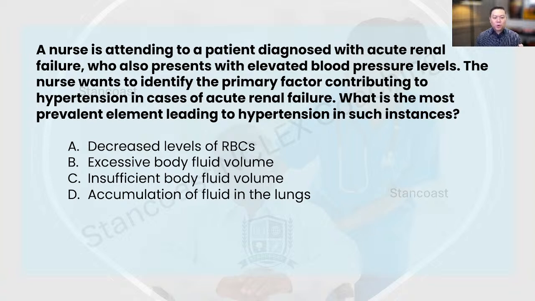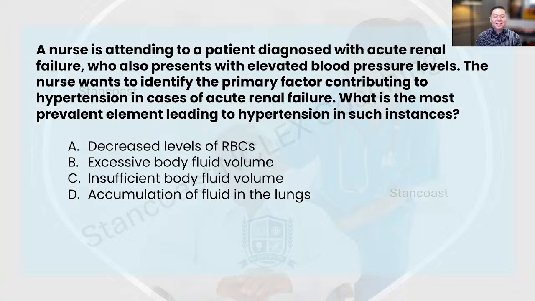The nurse is attending to a patient diagnosed with acute renal failure, or AKI, who also presents with elevated blood pressure. The nurse wants to identify the primary factor contributing to hypertension in cases of acute renal failure. So, what is the most prevalent element leading to the hypertension in such instances?